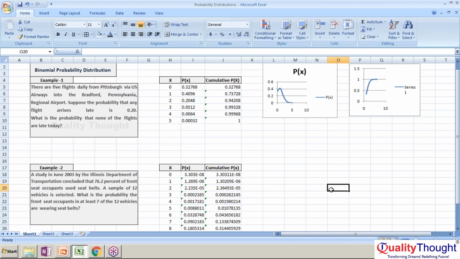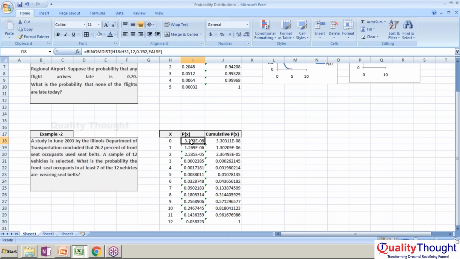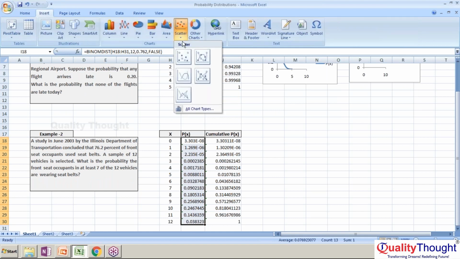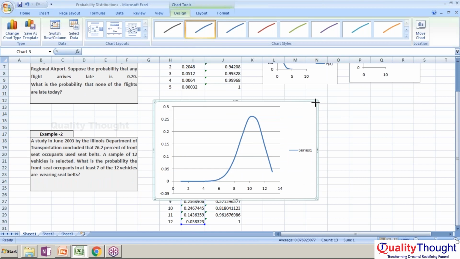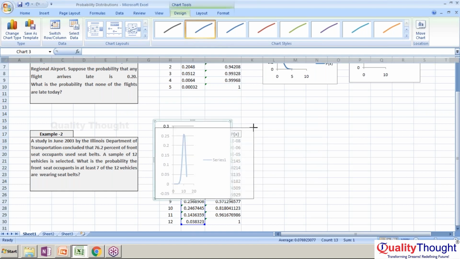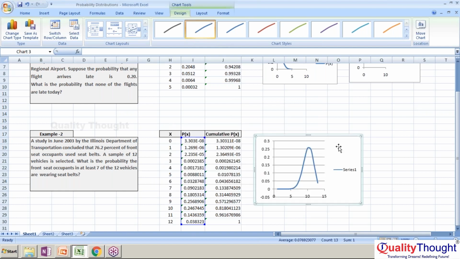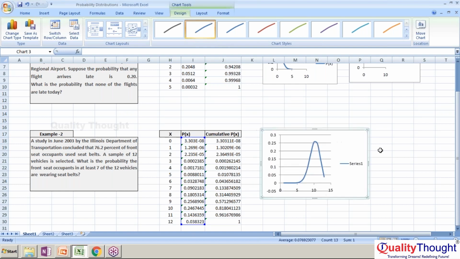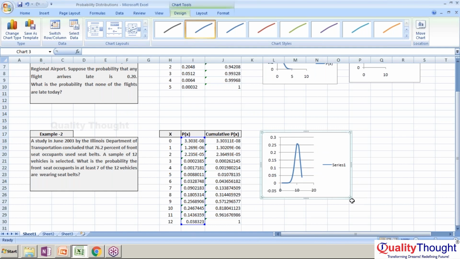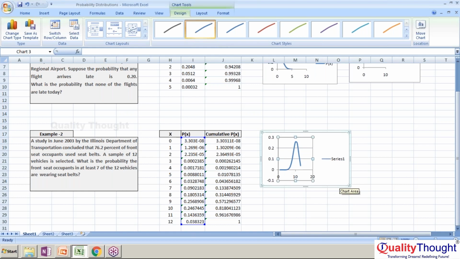How is this skewed? Left skewed. Excellent. Shall we look at the cumulative?